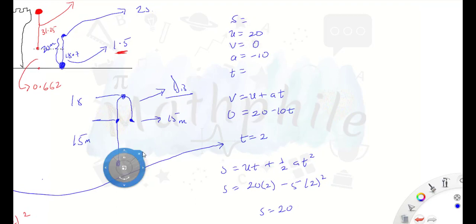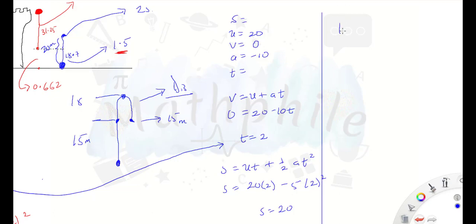Okay, so let's now factor in the time left to travel. Remember we said that the time the particle will be in motion when P lands is T equal to 2.162.